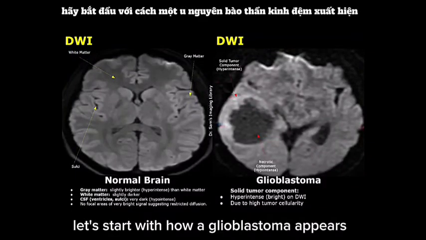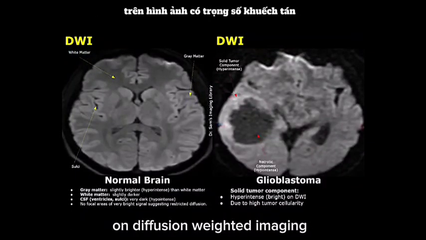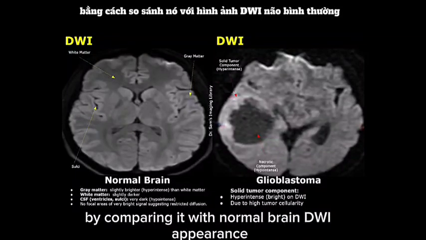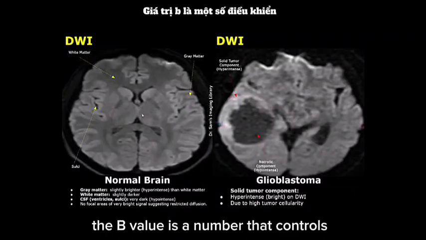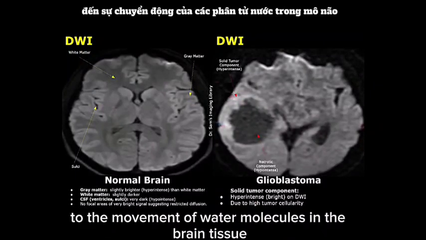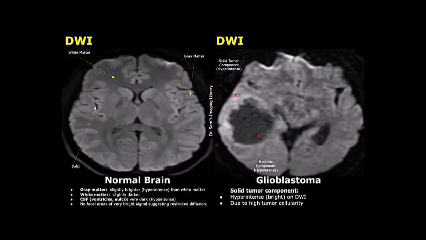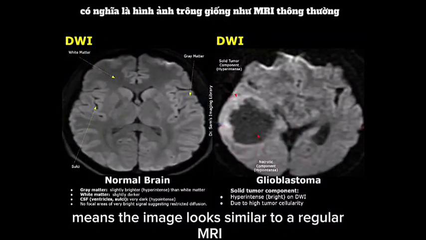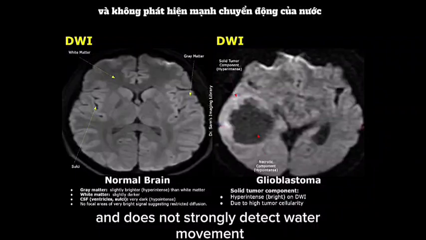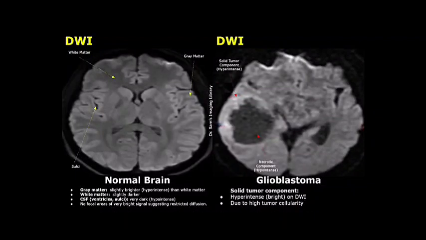Let's start with how a glioblastoma appears on diffusion-weighted imaging by comparing it with normal brain DWI appearance for a good understanding. The B-value is a number that controls how sensitive the scan is to the movement of water molecules in the brain tissue. A low B-value, such as 0, means the image looks similar to a regular MRI and does not strongly detect water movement.